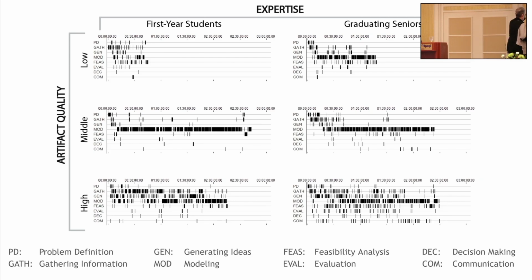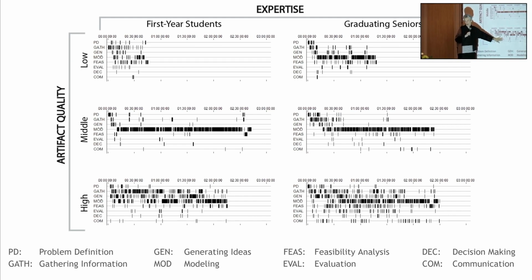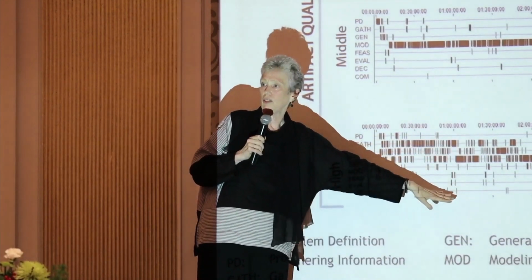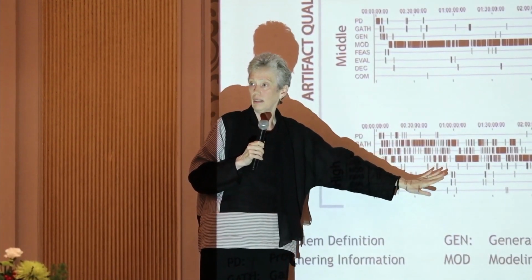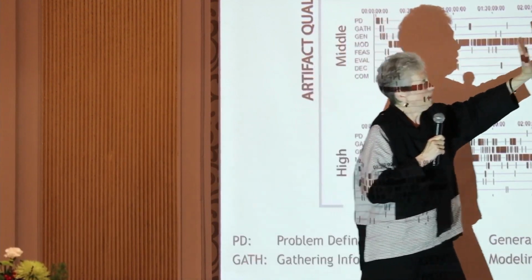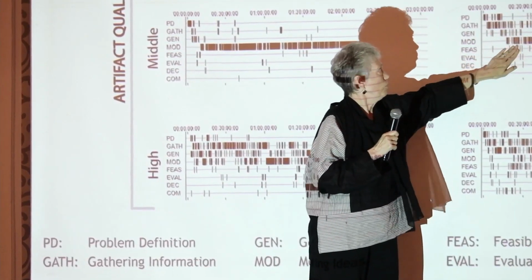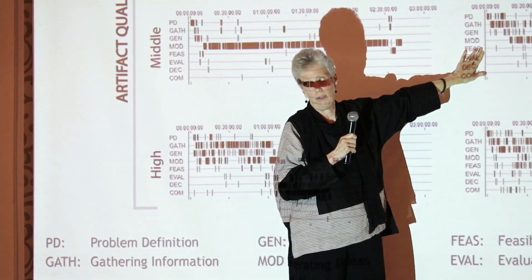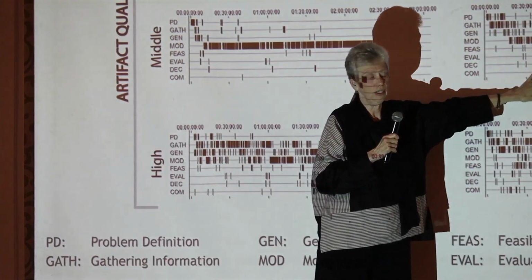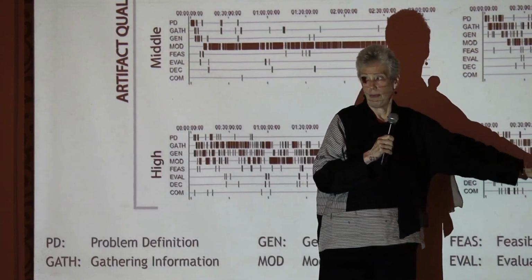So we had a quarter that looked like this, most of the students who looked like this, and a couple of incoming first-year students having a rich set of transitions and iterations across the process. With the graduating seniors, all of them were doing a lot more information gathering and generating and understanding the problem up front, and also a lot more transitions.